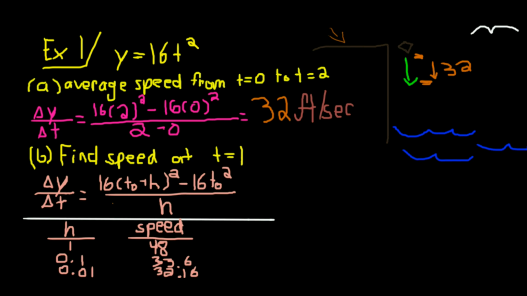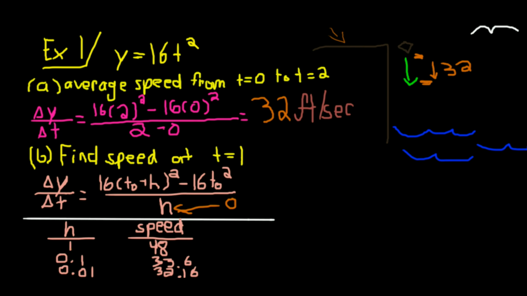Our formula is delta y over delta t, and we put in our 16t squared for our function and replaced our x2 minus x1 with h. But if we want h to be 0, we can't do that because you can't divide by 0. So we can do it incrementally.